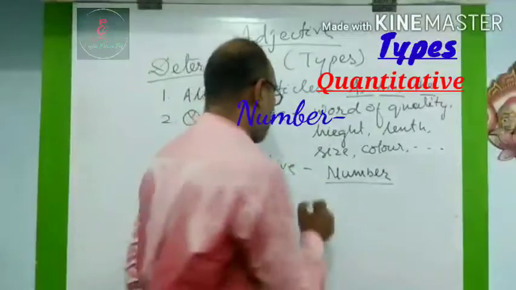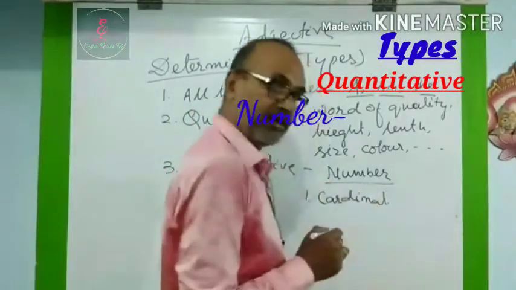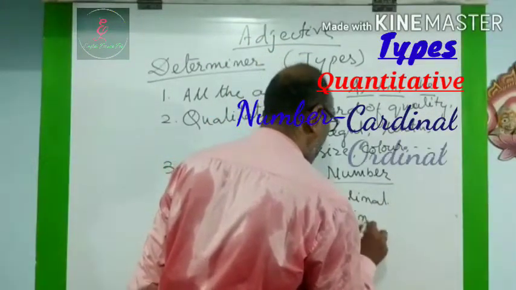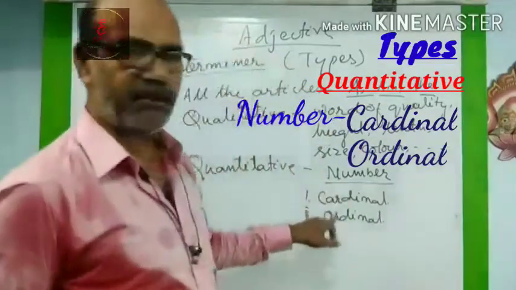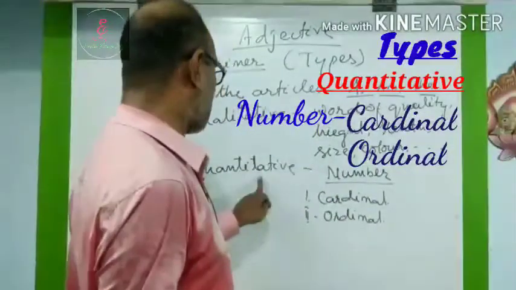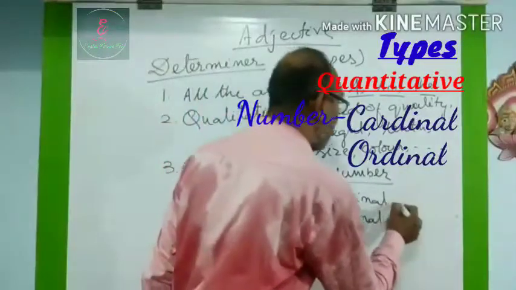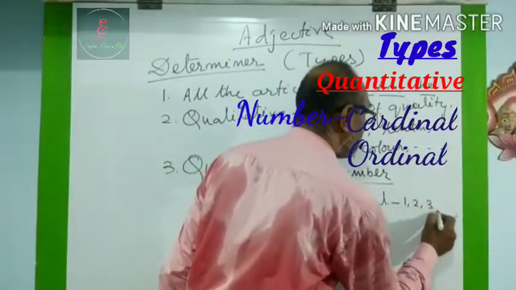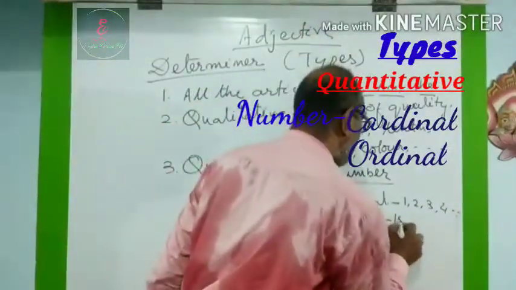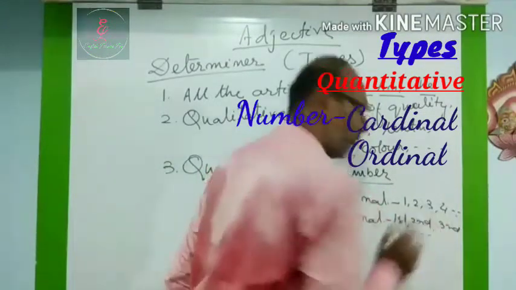Okay. So under this, one is the cardinal, any cardinal number or ordinal number. If used before any noun, that is known as a quantitative determiner. Cardinal numbers are 1, 2, 3, 4, and so on. Ordinals are first, second, third, and so on.